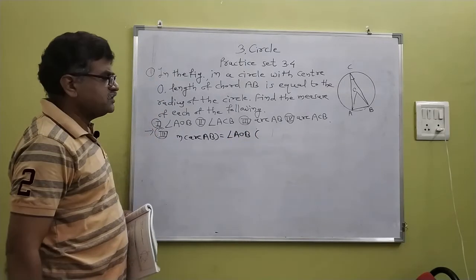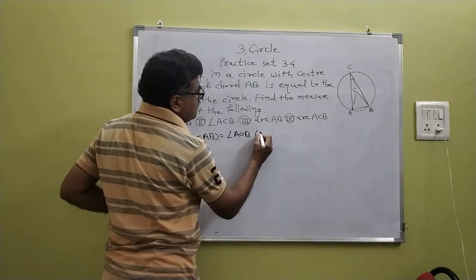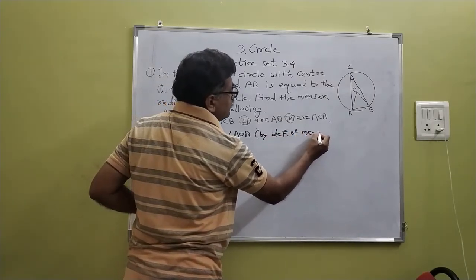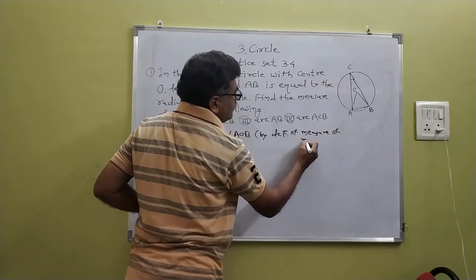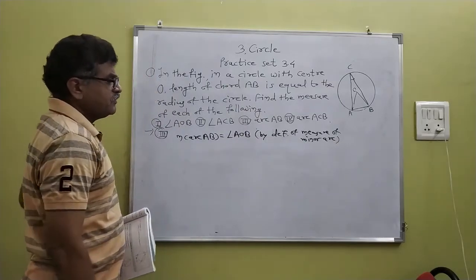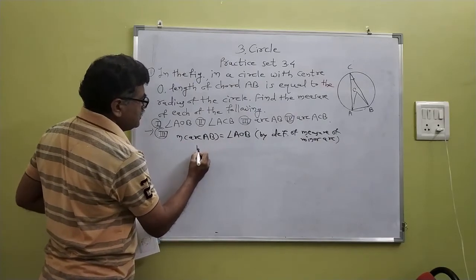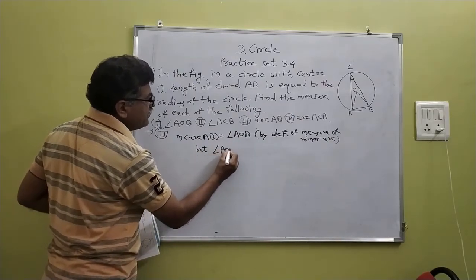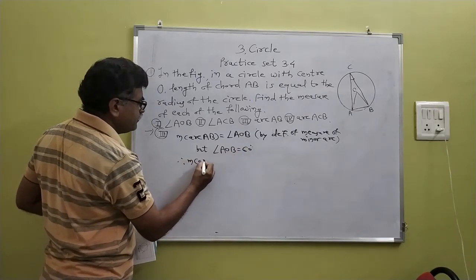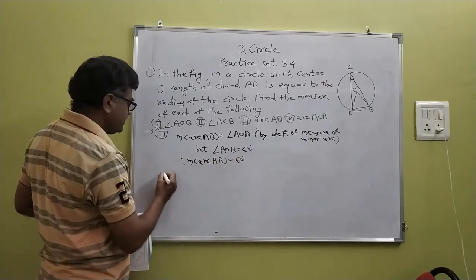Write down in brackets the reason: by definition of measure of minor arc. But angle AOB is equal to 60 degrees. Therefore, measure of arc AB is equal to 60 degrees. This is third.